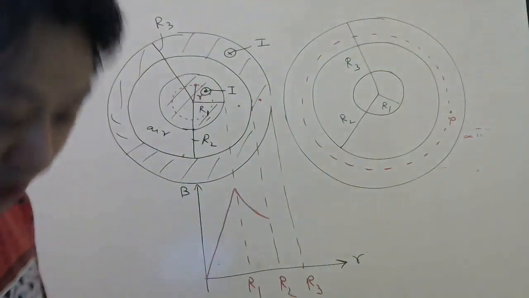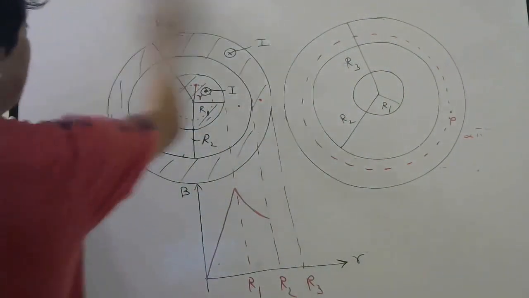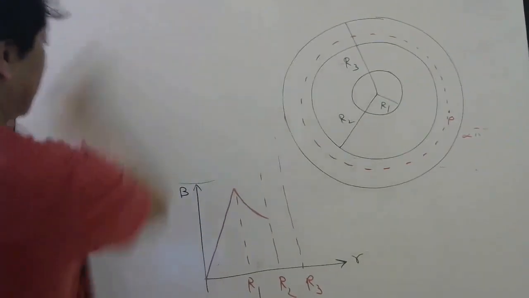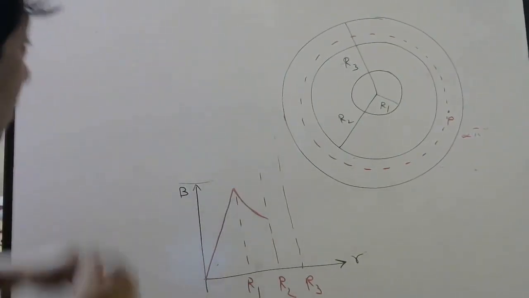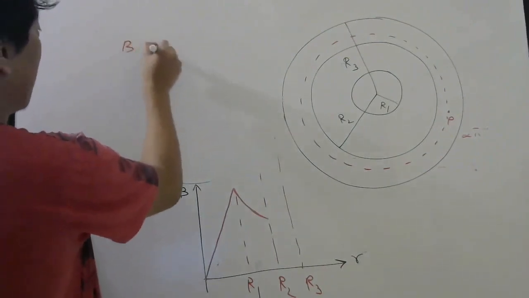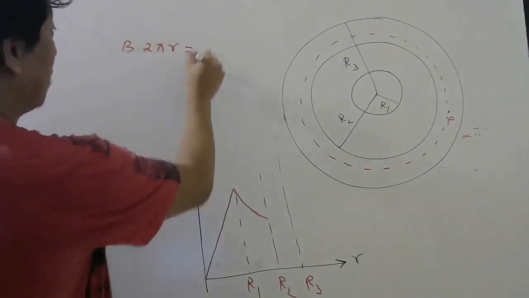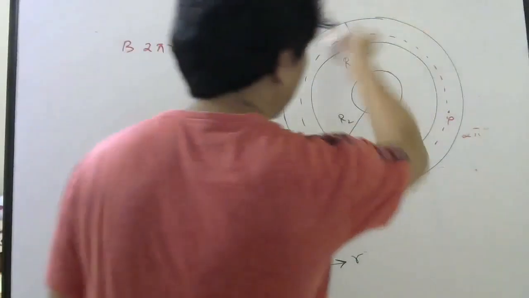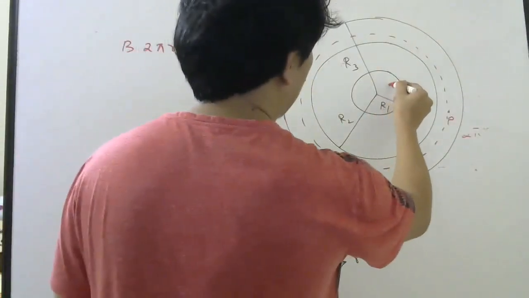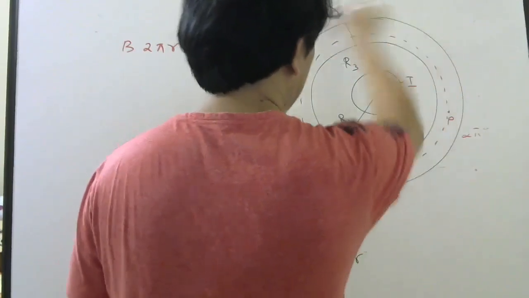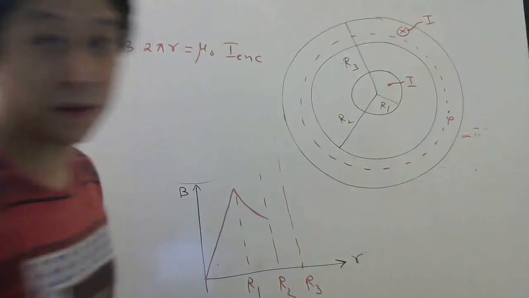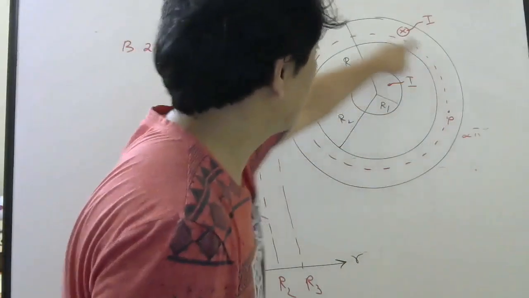The left side will give me B into 2 pi r. The right side will be mu naught times the current enclosed by this loop. Now here the total current I is coming out, and here the total current I is coming in. What is the current inside this loop?